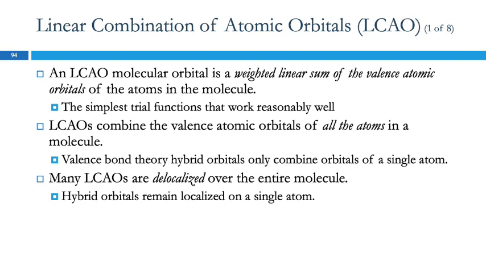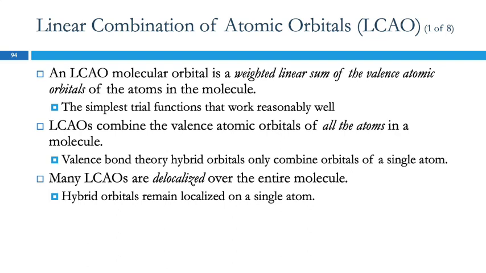So here we're talking about LCAO, a linear combination of atomic orbitals. Here we've got a weighted linear sum, which is basically an average of the valence atomic orbitals of all the atoms in the molecule.